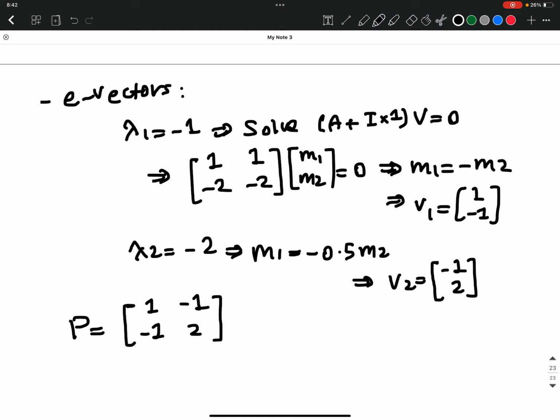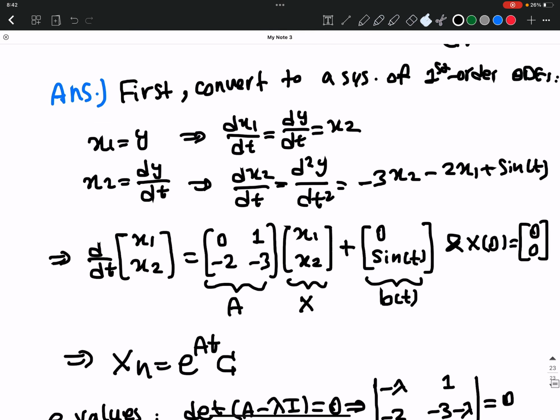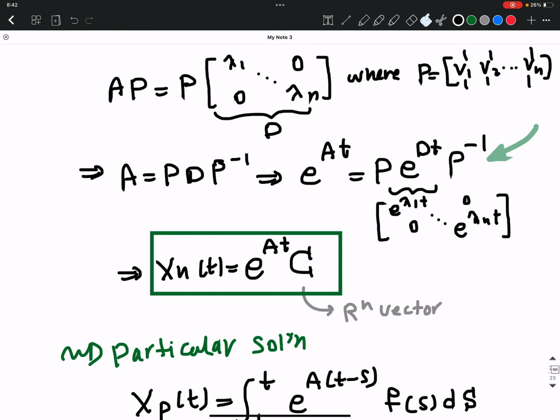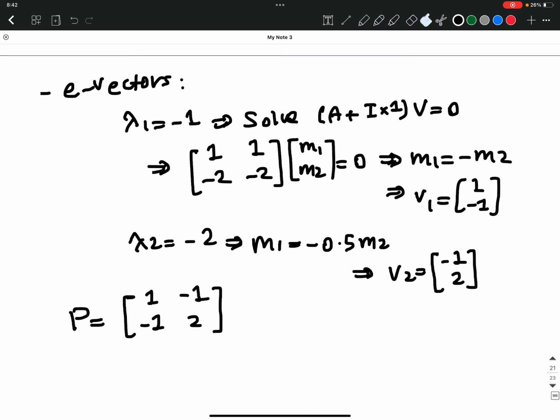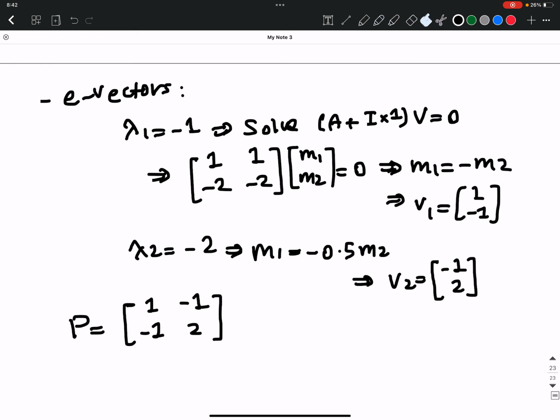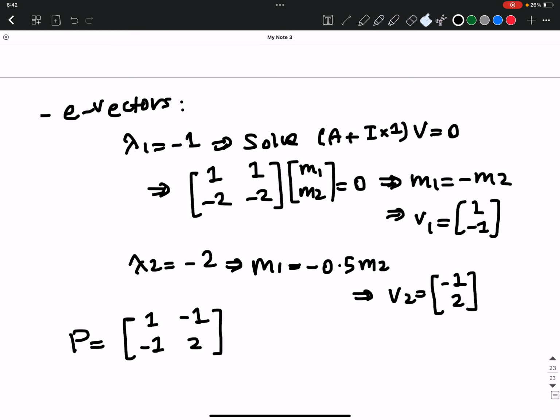In order to write this e to the A t, I also need to calculate its inverse matrix. Just this times that matrix would be I, so I can find the inverse matrix of that. I will just write the final answer here, which would be 2, 1, 1, 1.